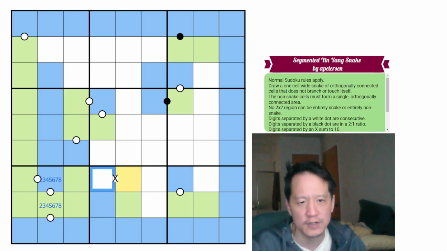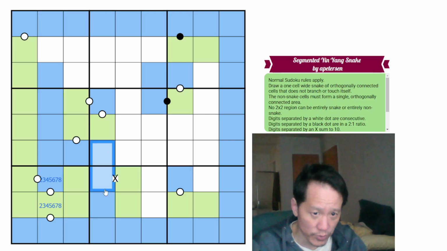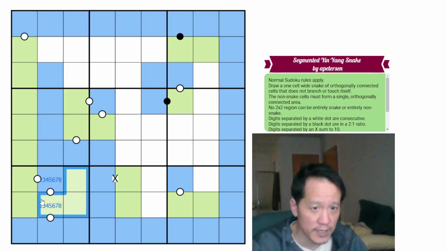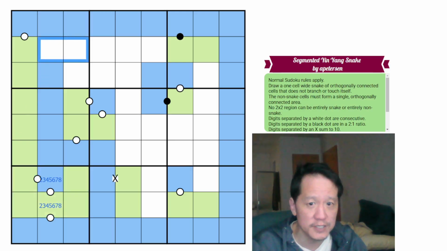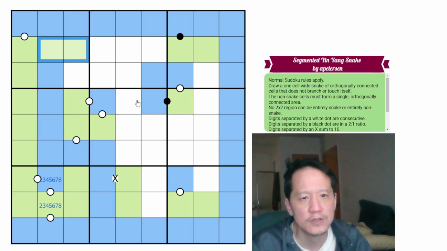So this is incorrect. Therefore, we know this is blue and this has to be green. Which means, and again, it can't touch itself, so therefore this is blue. This is where it ends in one area, so this must continue here. We know then it has to continue.